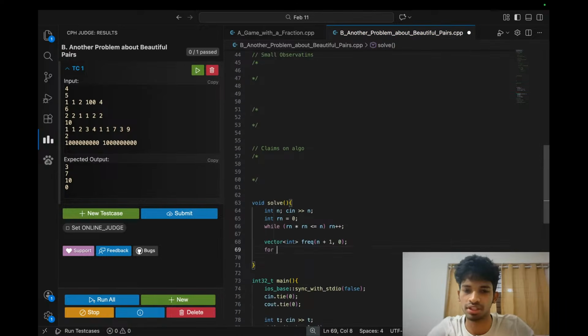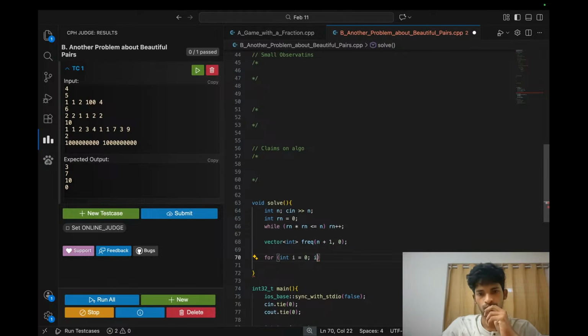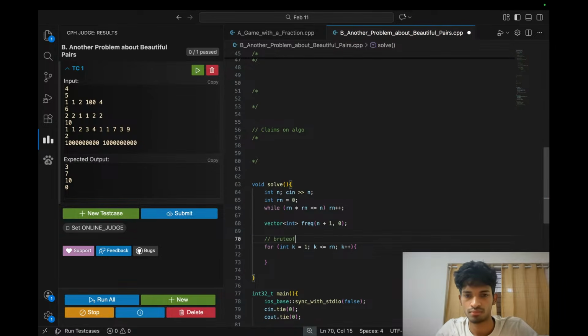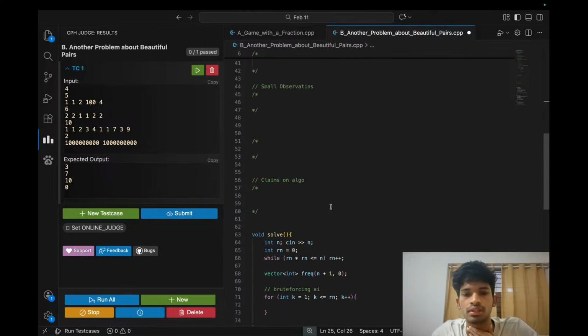I mean, B is not that difficult a problem anyway, but this was much easier. So we're brute forcing ai, and then we have to count these frequencies for all j.